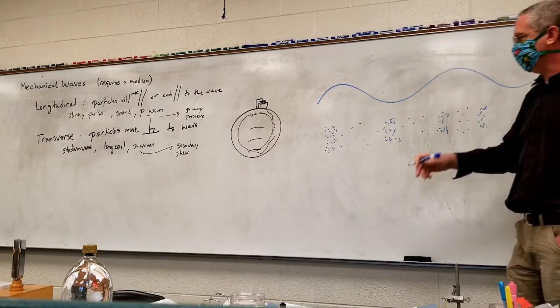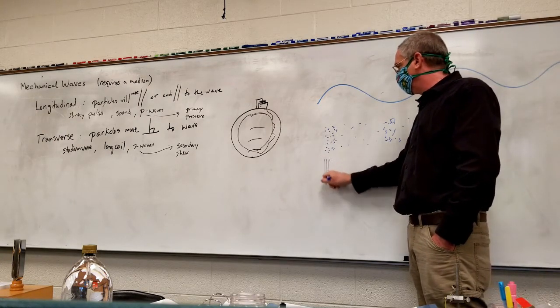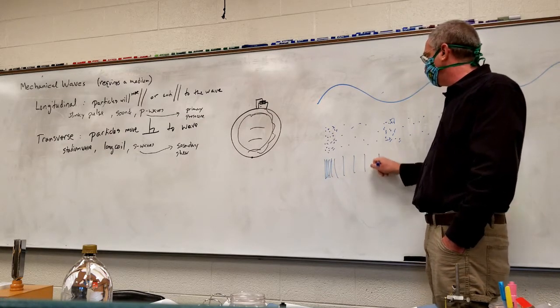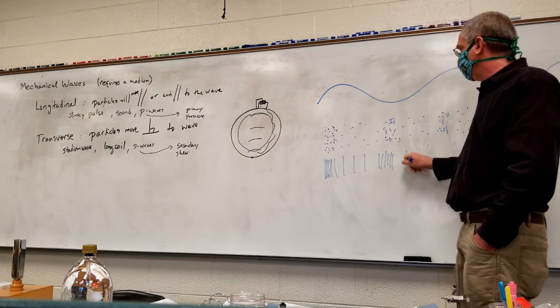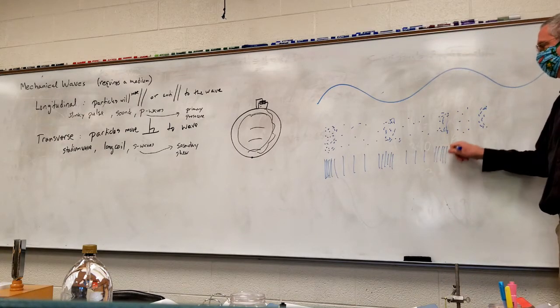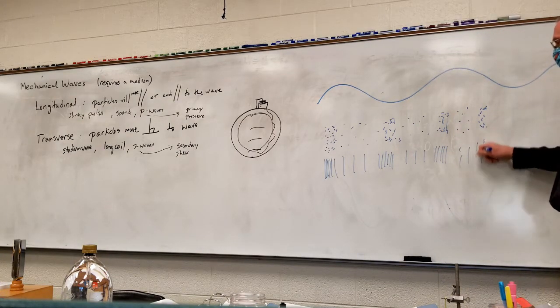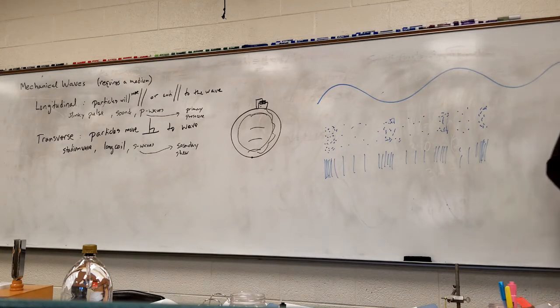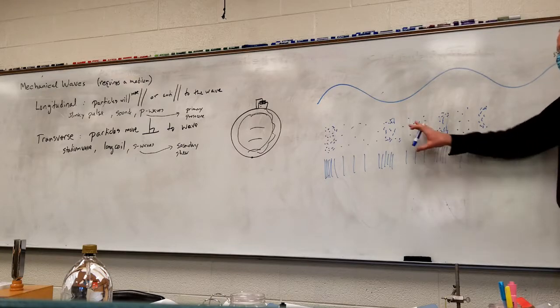Or in the case of the slinky, we've got coils really close to each other, and then coils not so close, then close again, not so close, really close. This is not necessarily easy to draw up on the board, so we need another way of drawing this.